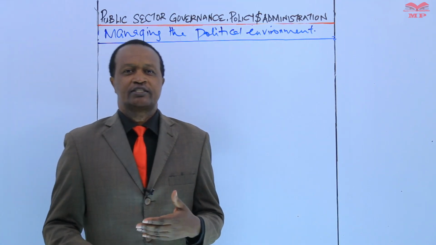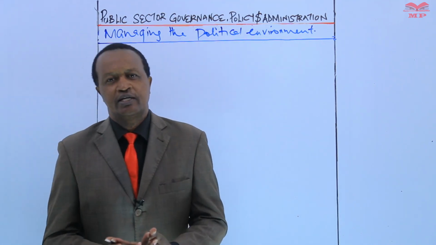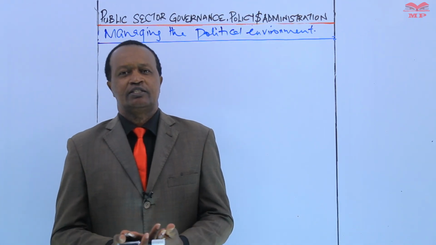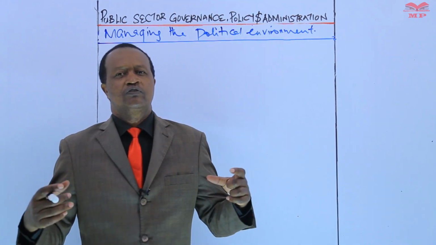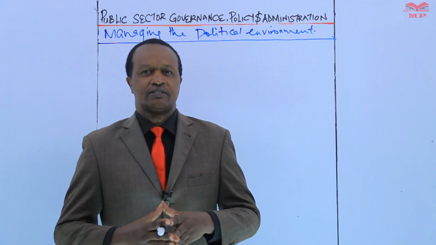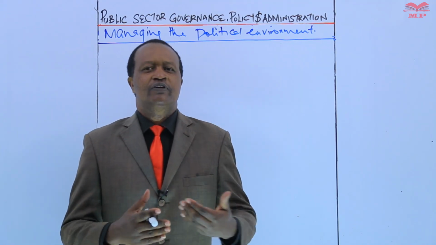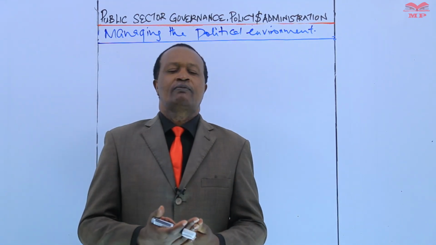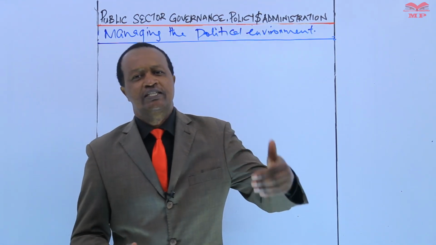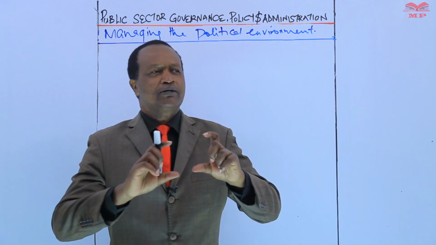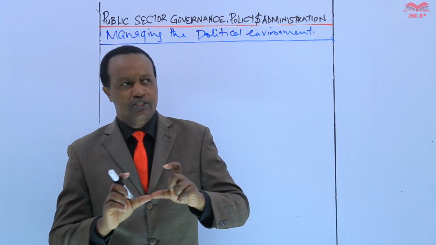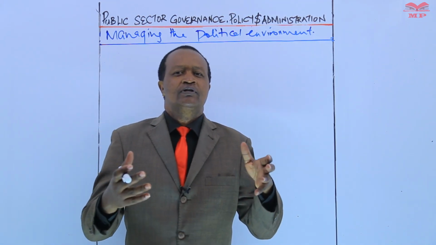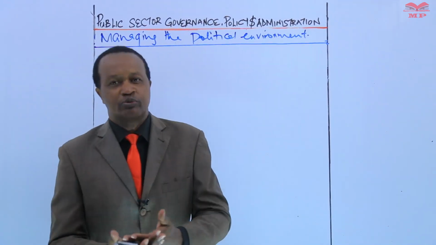Today we are going to discuss the subtopic managing the political environment, and we are going to do so in the context of public sector governance. Managing the political environment is a critical aspect of public administration because it involves navigating the complex interplay of political forces, including institutions and actors that shape government policy and decision making.